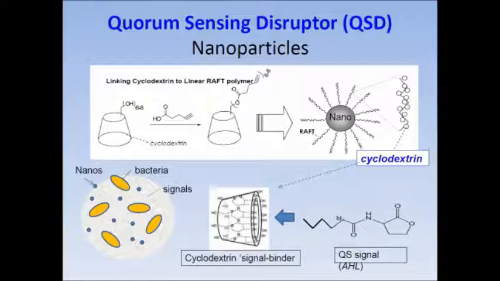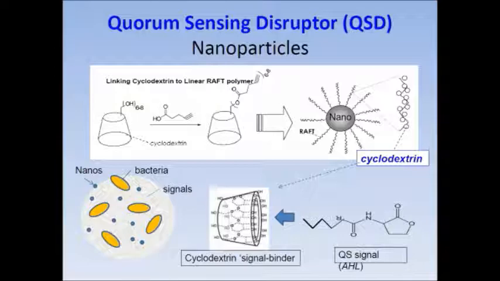But what we are doing with chemists at this point is trying to create nanoparticles that can disrupt the quorum sensing, and hence we call them quorum sensing disruptors. What is shown in this schematic is a nanoparticle with raft-like molecules extending from it.